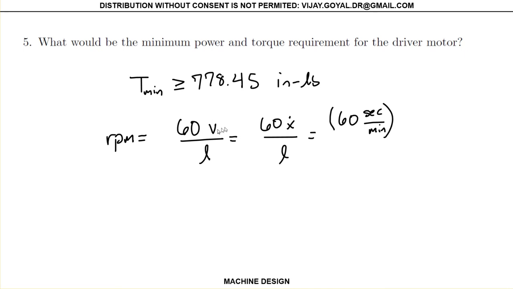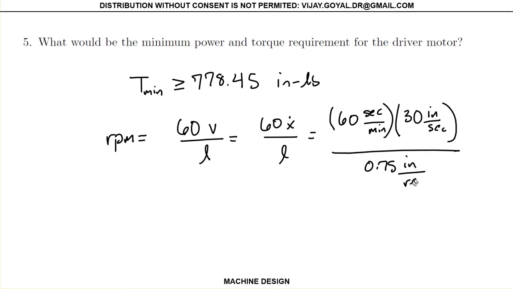This is where the 60 comes from. And this is 30 inches per second, and what I know is this is going to give me 0.75 inches in one revolution, one full turn. So this gives me an RPM of 240 RPM, okay?